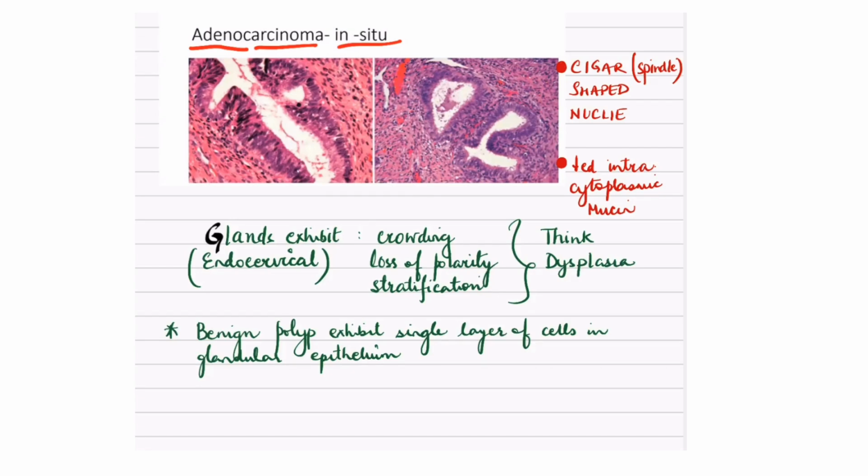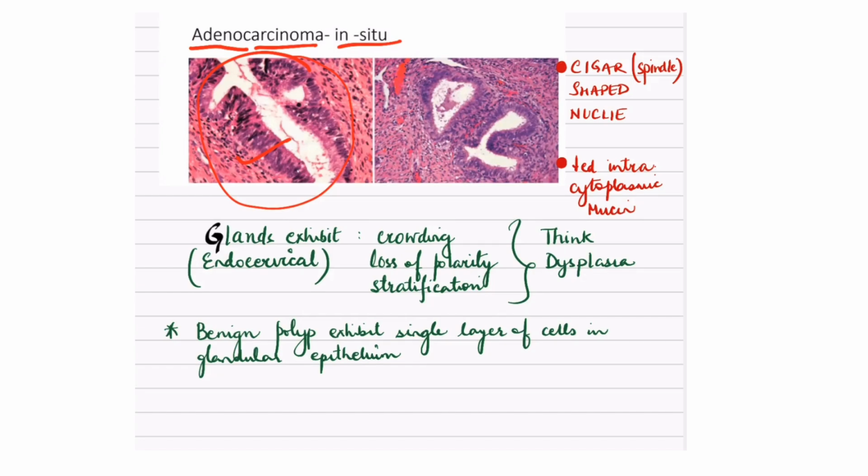Okay, so in this scenario, this is an endocervical gland. As you can see, this is an endocervical gland, but look at the cells. They look very highly attention seeking, and there is crowding, there is loss of polarity, cells are going up and down wherever they want, and a lot of stratification instead of a single layer.